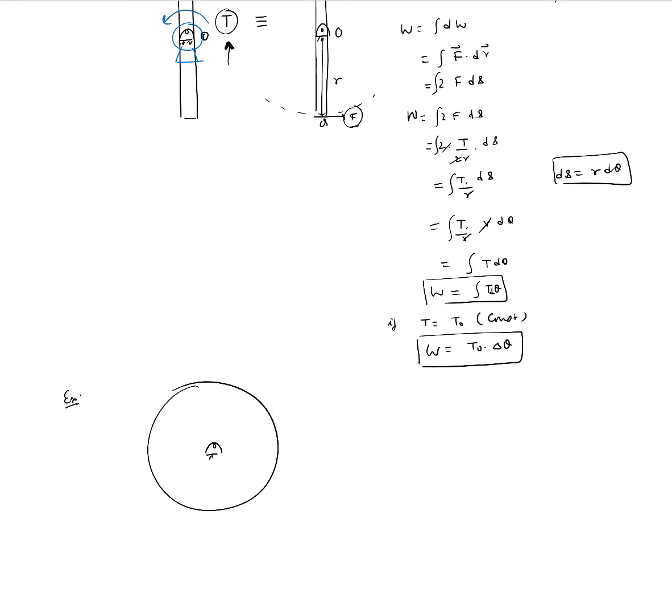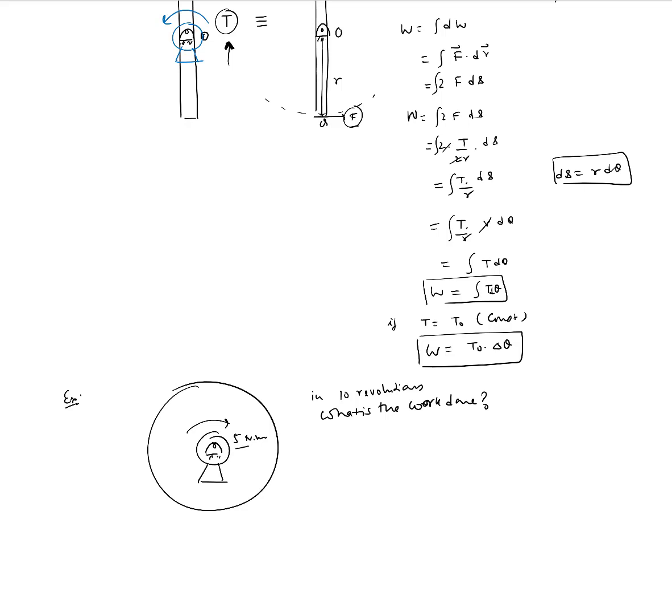You have a gear or a wheel or a disc or a pulley, and there's a motor connected over here, and I tell you that the motor is applying a torque of 5 Newton meter on this, then in, let's say, 10 revolutions, what is the work done by the motor?